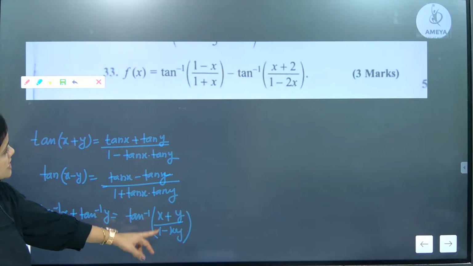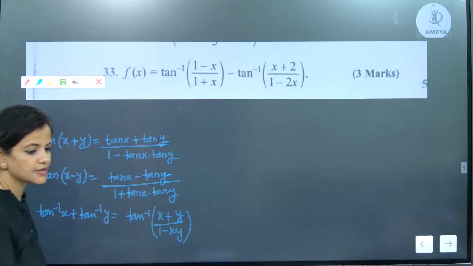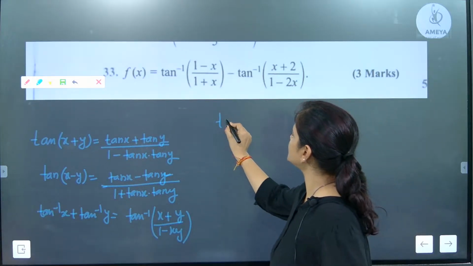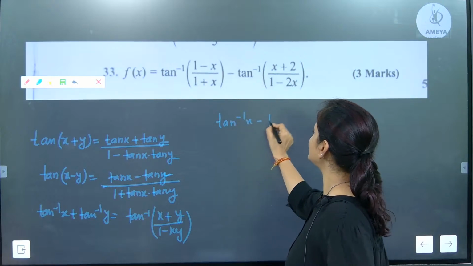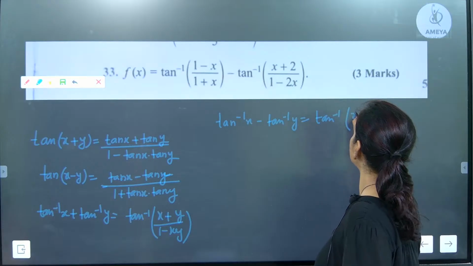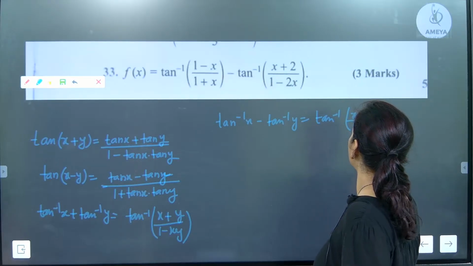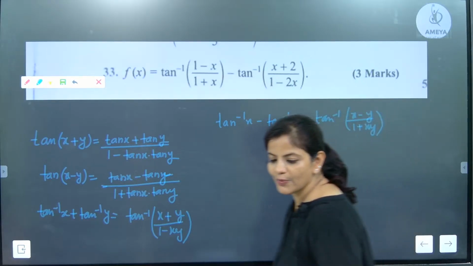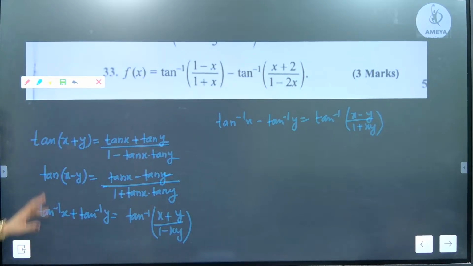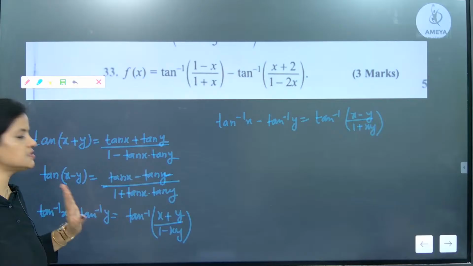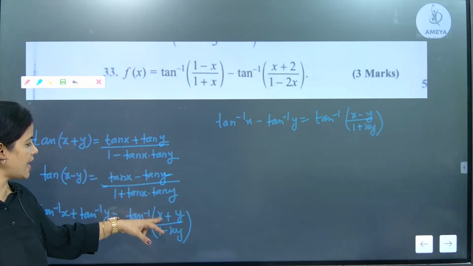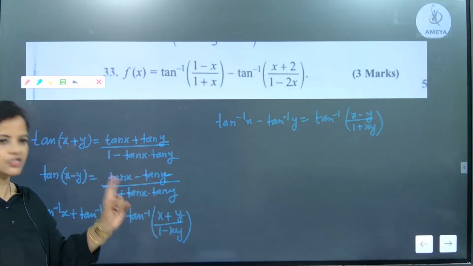Now next one. tan⁻¹x - tan⁻¹y = tan⁻¹((x - y) / (1 + xy)). If formula command is there in your hand, no one can shake you. Remember this. Now this is tan and this is its inverse. Same pattern, but here tan x is there, here x and y are there. Inverse we have taken out.